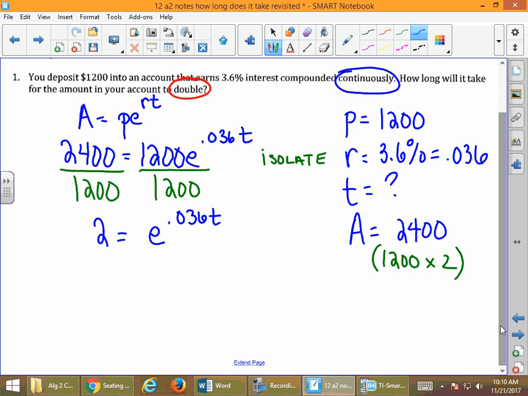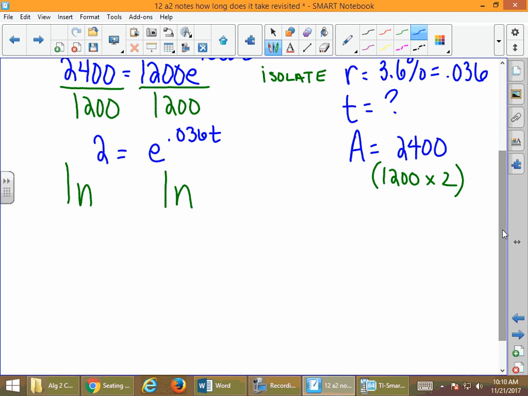And when we do, I'm going to use ln. If you like the common log, there's nothing wrong with using it. The reason that I choose to use the natural logarithm is because the natural logarithm has a base of e. That's the only reason. You do not have to choose it, but when I see e, I automatically think natural log. This is going to be the natural log of 2 equals the natural log of e to the 0.036.